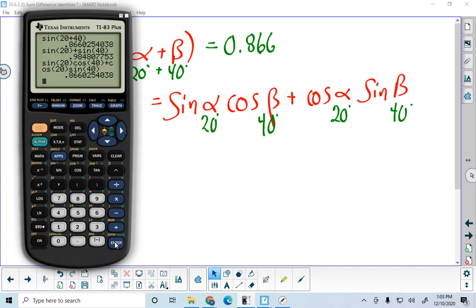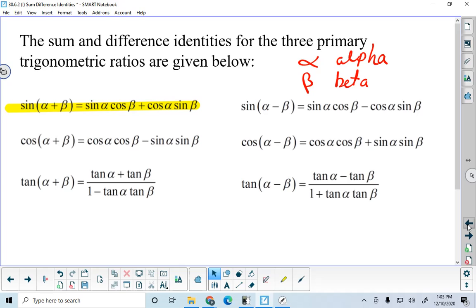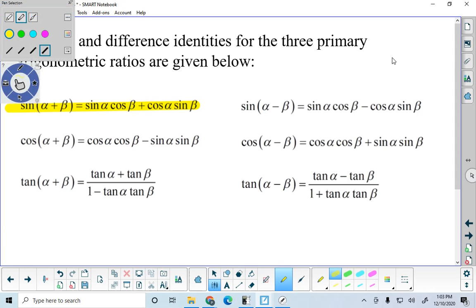So we have these identities, and you need to have your formula sheet in front of you so that you can refer to the identities. The first two that I've listed here that I'm going to highlight in yellow can be called the sum and difference identities for sine. These ones are the sum identity for cosine and the difference identity for cosine.